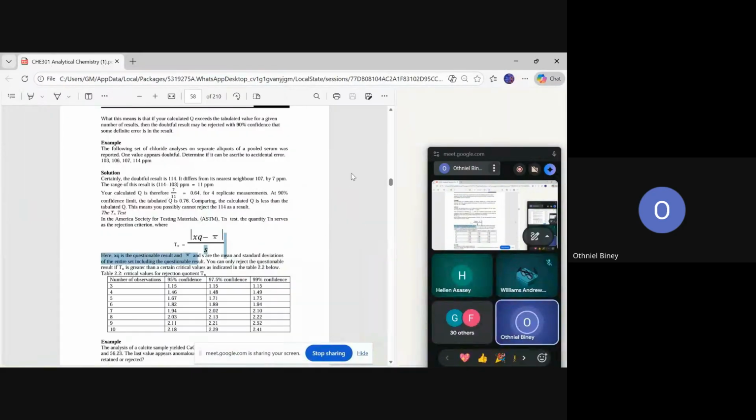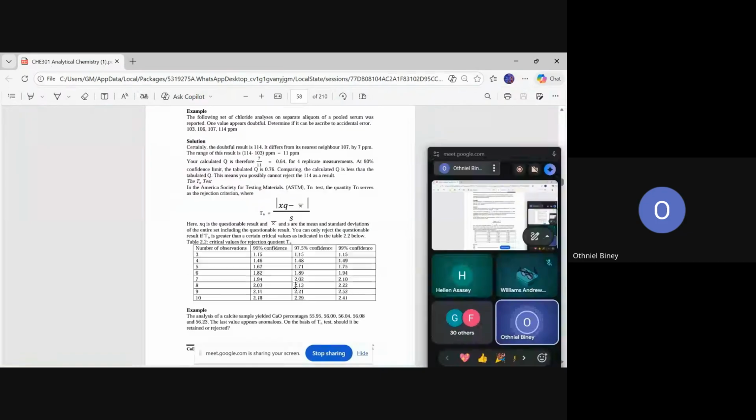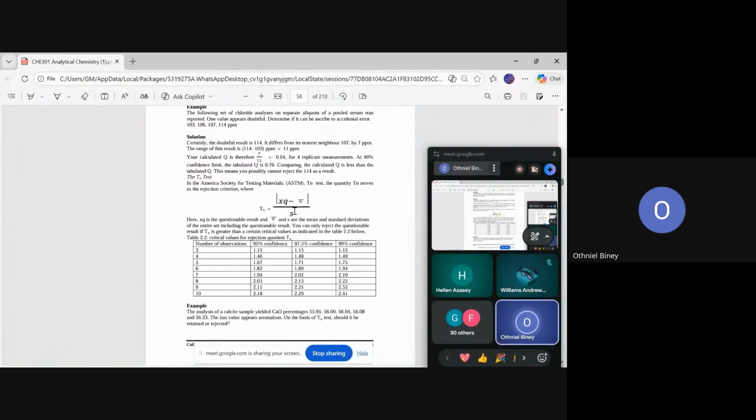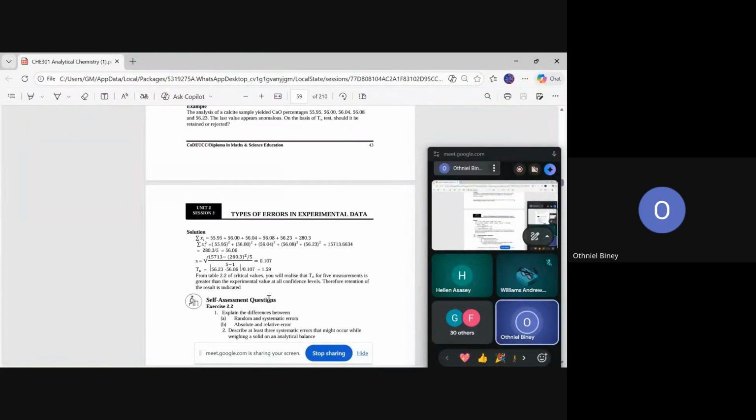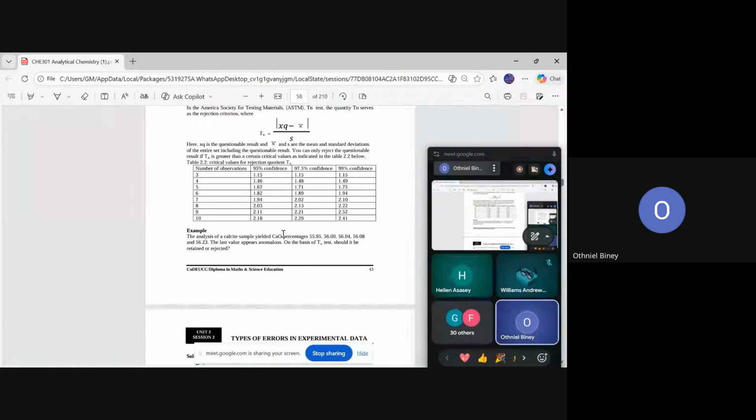So when the question is given, you first find the mean, calculate the standard deviation, and then substitute into the formula. Then any value that you get, you compare with the corresponding number of observations on the T N table.